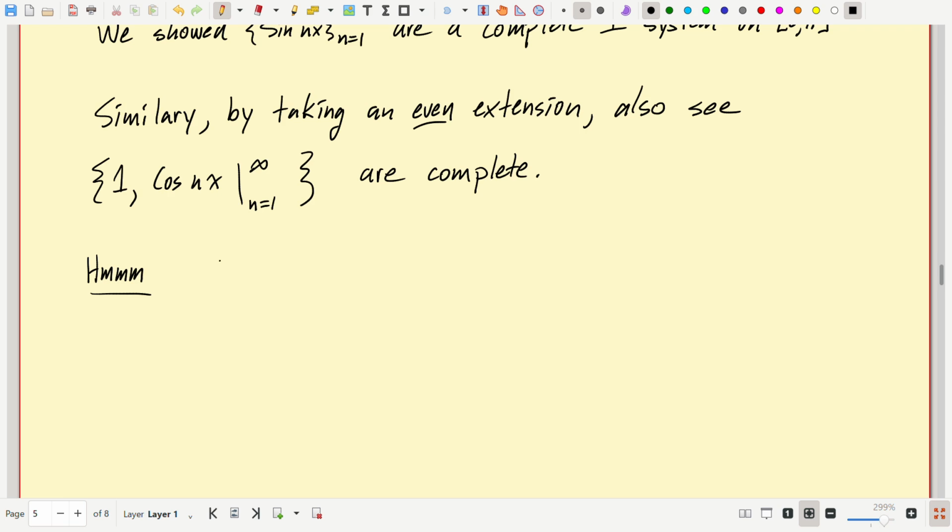Cosine (n plus a half) x, as n goes from 0 to infinity, gives 1/2, 3/2, 5/2, the odd numbers times a half. Let's see here. 1, 3, 5, 7.